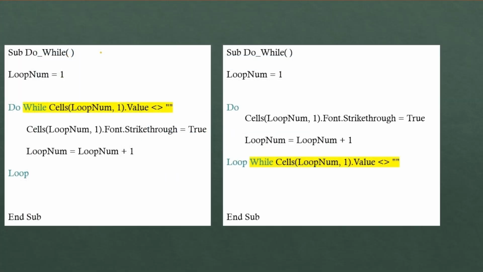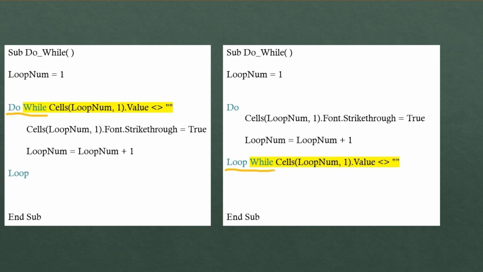And so there is another way to write a do while loop. If we take a look at both of these, one has the do while condition right after the do, and right next to it we have a do, and then the statement we want to loop through, and then the keyword Loop While.